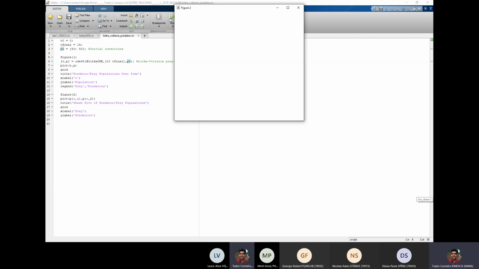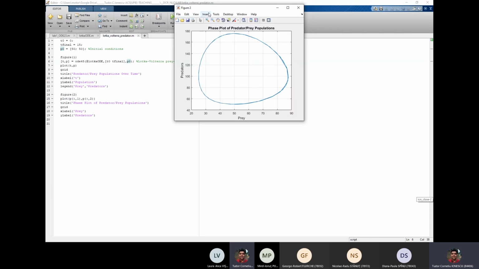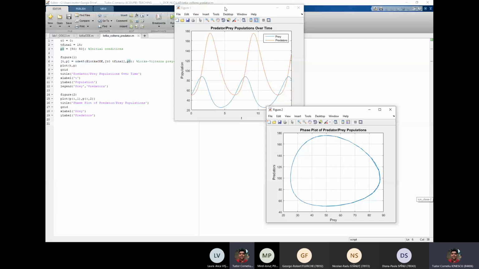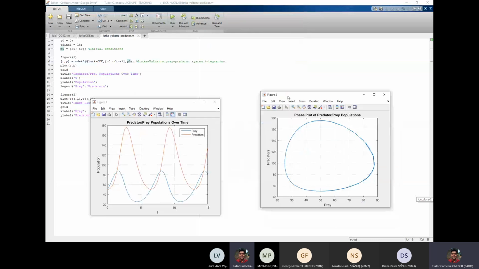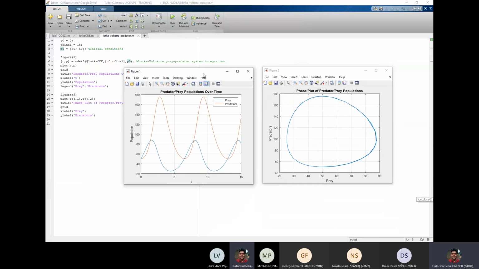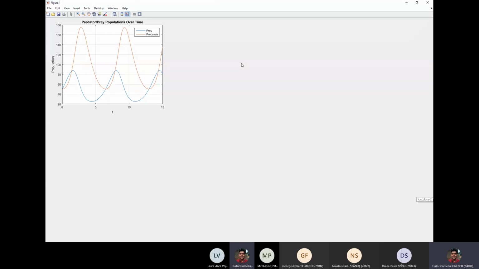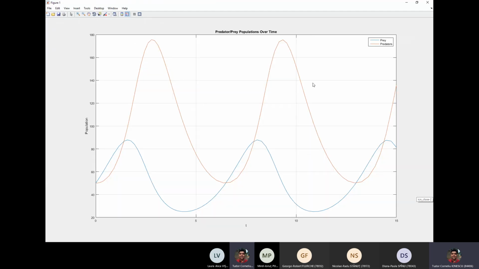Oh, here come the plots. Okay, so look, figure one shows the evolution over time of the prey and of the predator. In red is predator, in blue is prey, and what can you see?